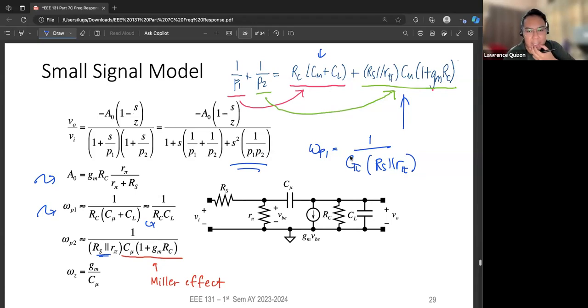Dun sa derivation natin nung may input capacitance tayo dito, no? Remember we had this, right? So now, basically what we can interpret as having happened is because we put in a capacitor C mu connecting the input side and the output side, the base and the collector, it basically introduced a C pi, no?